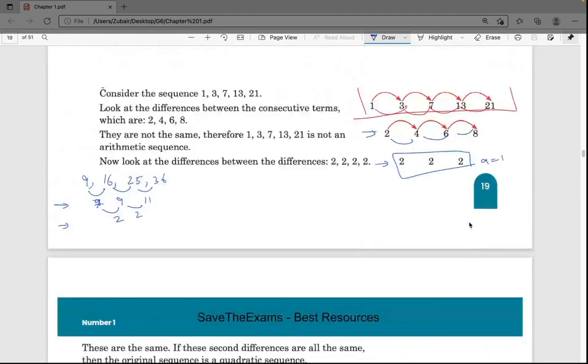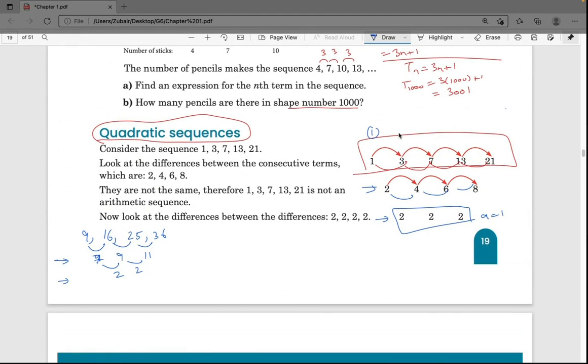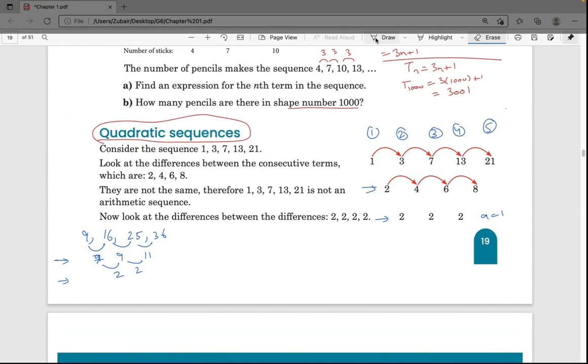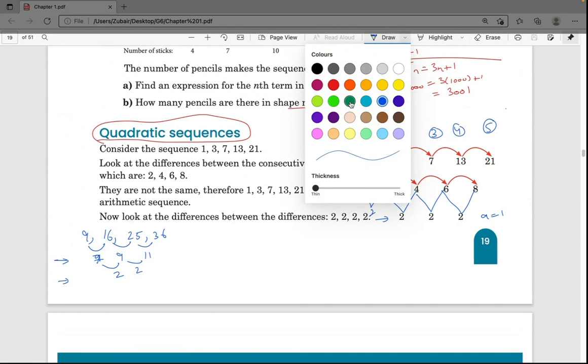Now going back again, this is first term, second term, third term, fourth term, fifth term. So how do I get the zeroth term? I will go back in reverse order. See, 8 minus 2 is 6, 6 minus 2 is 4, 4 minus 2 is 2, so 2 minus 2 is 0. That's a coincidence that we're getting 0. We may get different values.